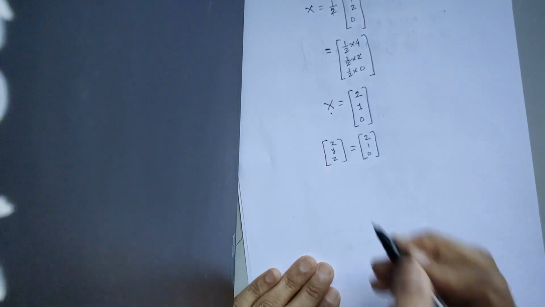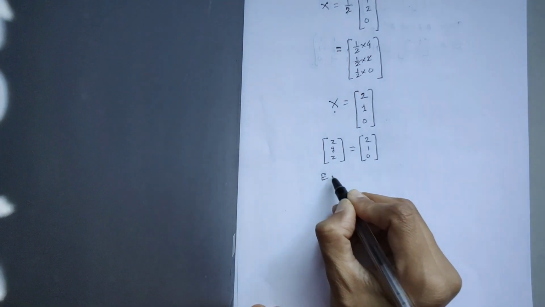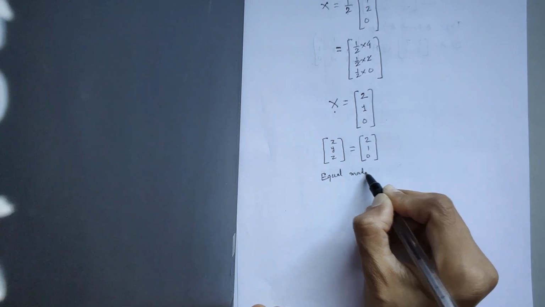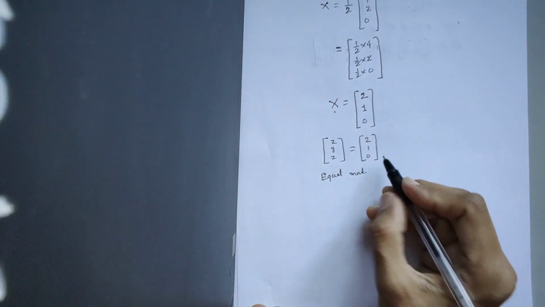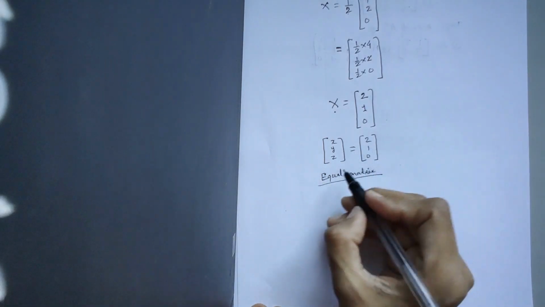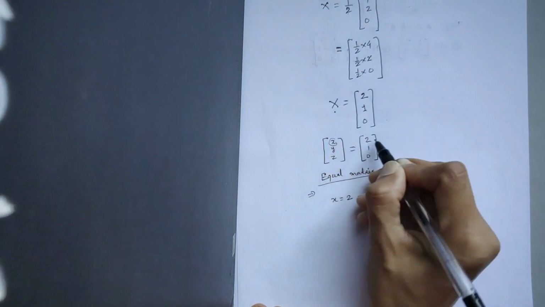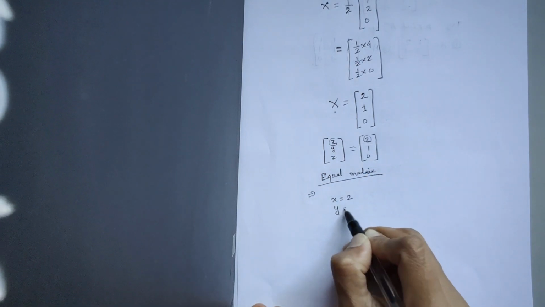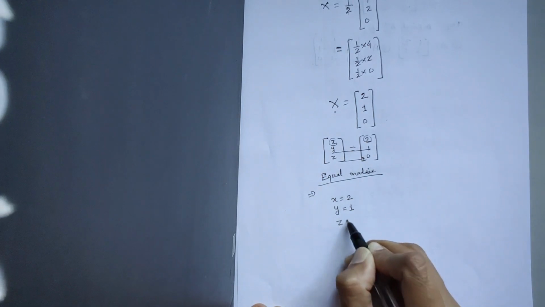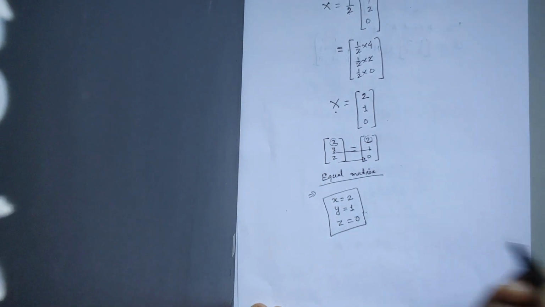Now from the definition of equal matrices, since these two are equal, equal matrices are equal if the corresponding elements are equal. We know that thing. So this implies X equal to 2, because this is the corresponding element, Y equal to 1 and Z equal to 0, which is the solution of my simultaneous equations.